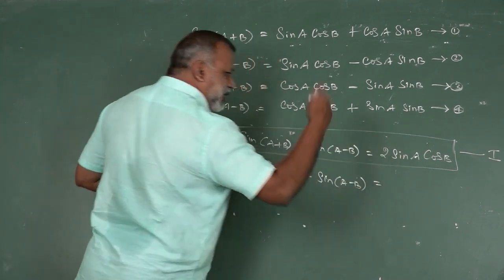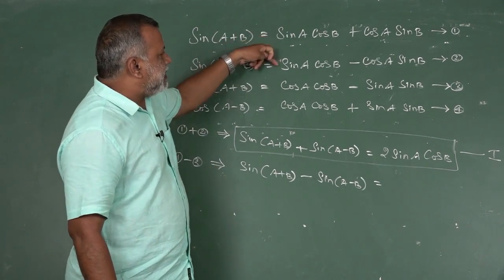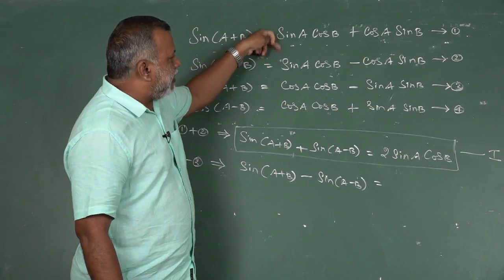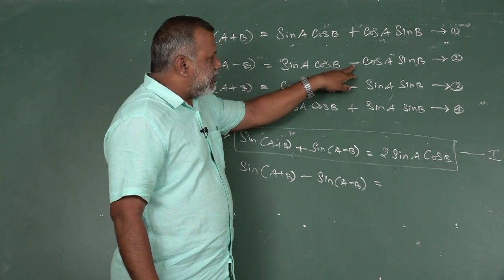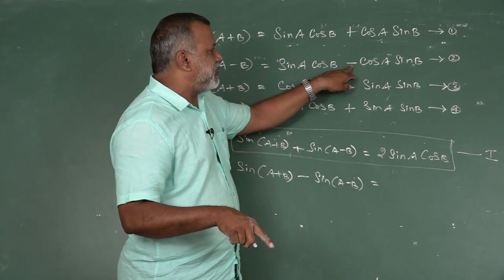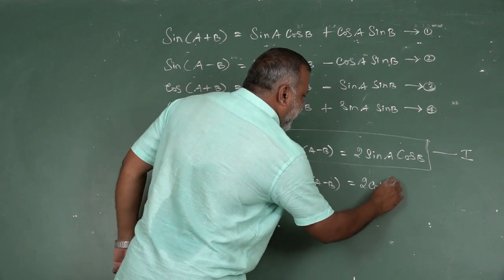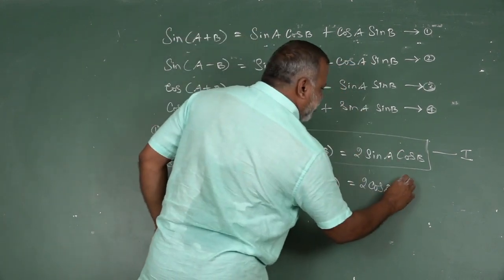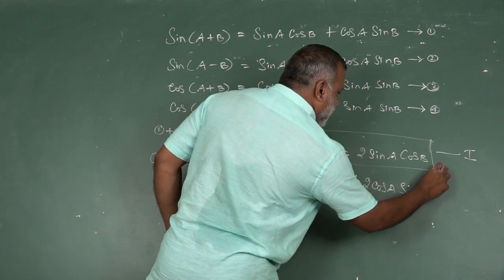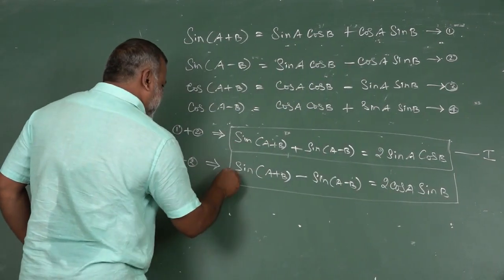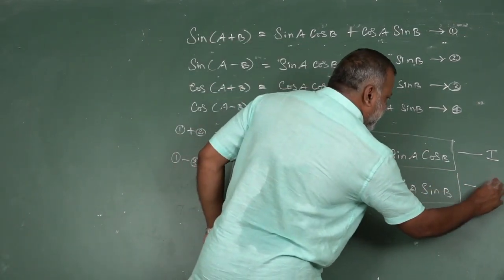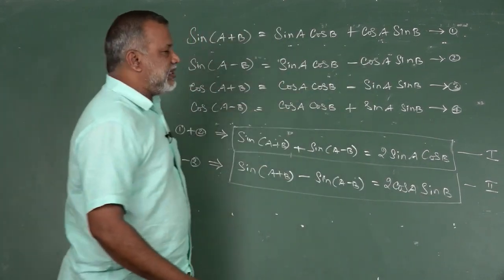Now on your RHS side, subtraction means these two results will be eliminated. This result, negative of negative becomes positive. Therefore, we can get 2 cos a sin b. This is the second result derived from the above results.